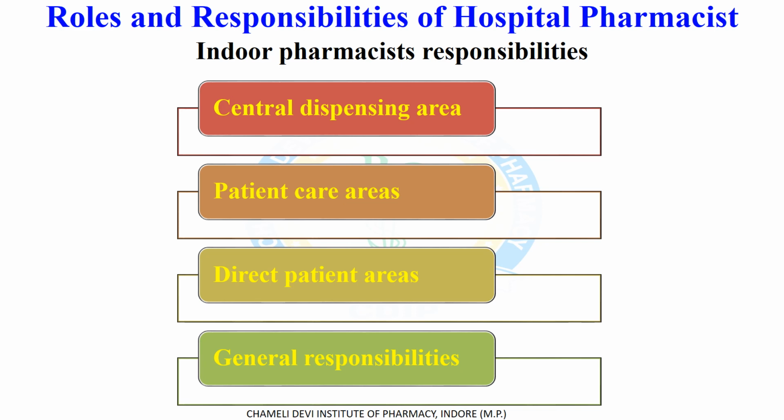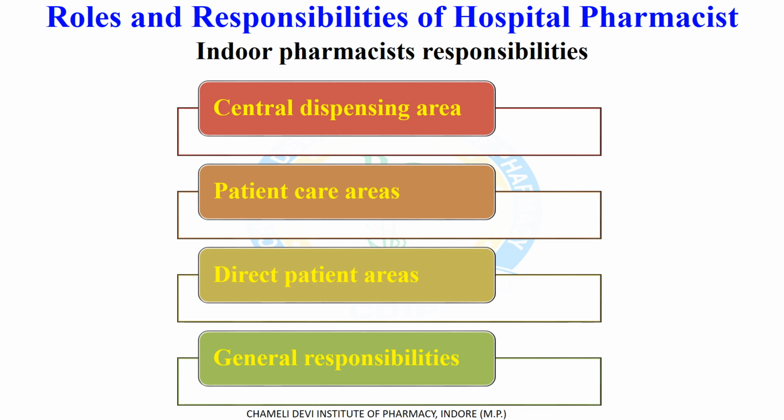In the first point, central dispensing area, the pharmacist ensures that all drugs are stored and dispensed correctly. They check the accuracy of the dosage prepared. They maintain proper records, prepare bills, and coordinate the overall pharmaceutical needs of patients. Framed policies and procedures are followed.